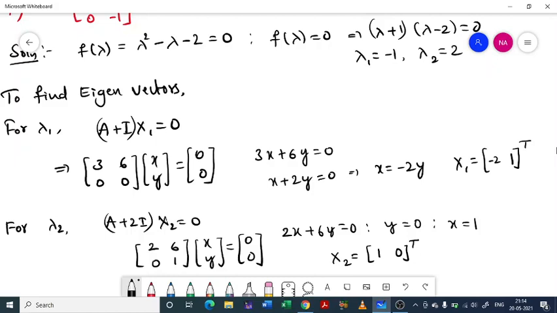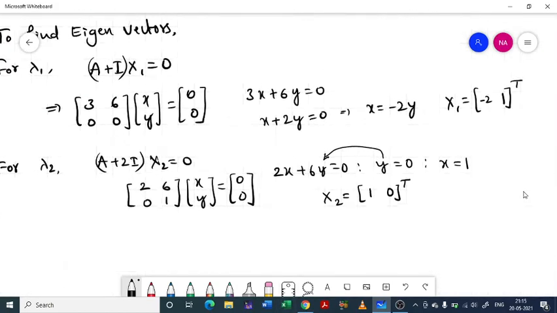And don't substitute this y into the 6y equation, giving 2x equal to 0 so x equal to 0. No, that is not the case. So x should be equal to 1, and the eigenvector is x2 equal to (1, 0) transpose.